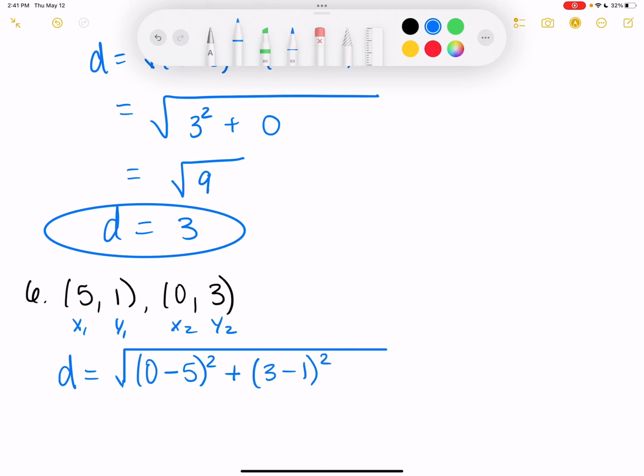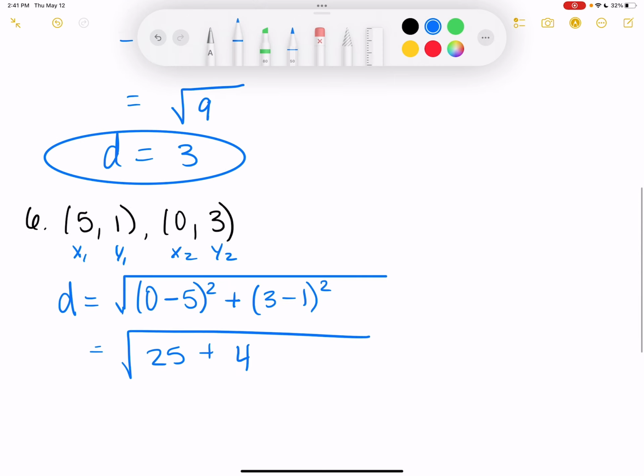Negative 5 squared is 25, plus 3 minus 1 is 2, squared, 4. So this is the square root of 29. And that's your answer.